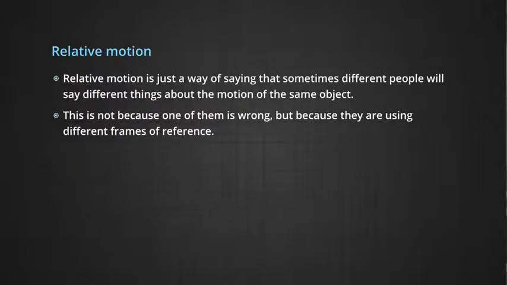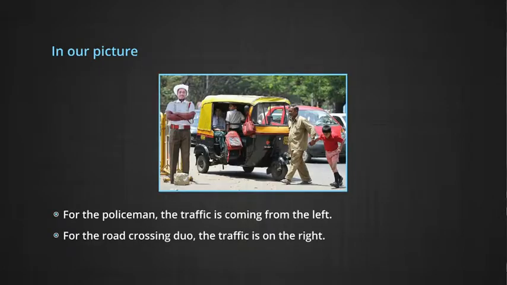Now, we have also seen that this motion is relative. In our picture with the auto and the policeman and the man and the child crossing the road, we saw that different people saw the same motion differently. Let us take another example here.